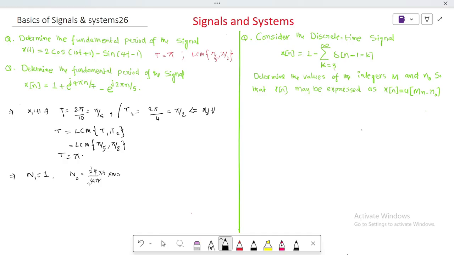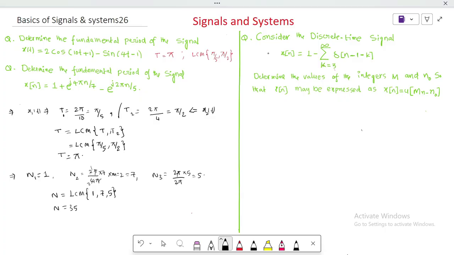So we should take m equal to 2, then here we are getting 7, is it? So N3 equals 2 pi by 2 pi by 5, is it? So 2 pi gets cancelled, then you are getting 5, is it? So fundamental time period of x of n equals LCM of 1, 7, 5, you know, the least common multiple, that equals 35.